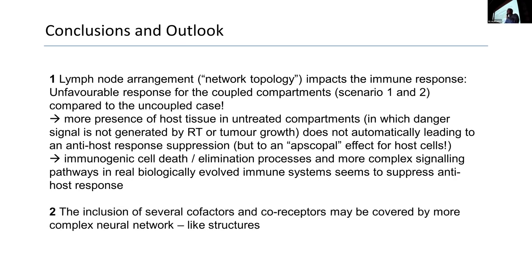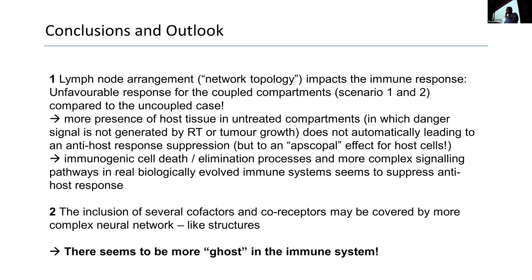So that means that our model, based on isolated perceptrons, trying to do the information processing only isolated in a lymph node, is not realistic. Maybe we have to look for models which have more complex neural network-like structures. So there seems to be a more complex information processing, or let's say there seems to be more ghost in the immune system than we expected.